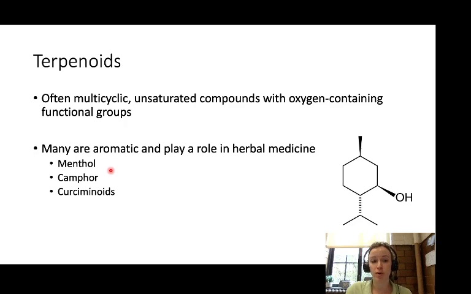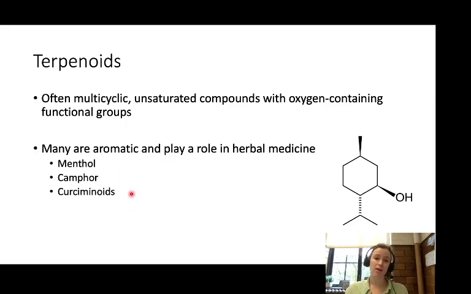Let's start with terpenoids. You are likely already very familiar with terpenoids, even though the word terpenoid might be brand new to you. Very often, they're cyclic or multi-cyclic compounds. Many do contain some amount of unsaturation, and they often contain oxygen or hydroxyls.